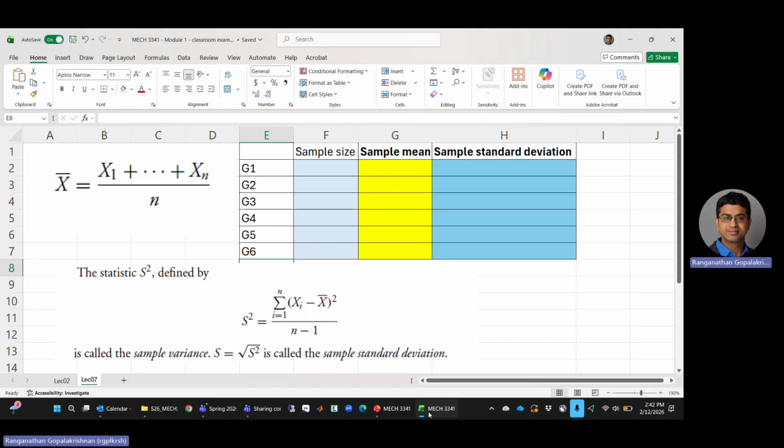Six of you together, compute your average and standard deviation. Then 4 of you together, sample size 4. And then we'll do another.